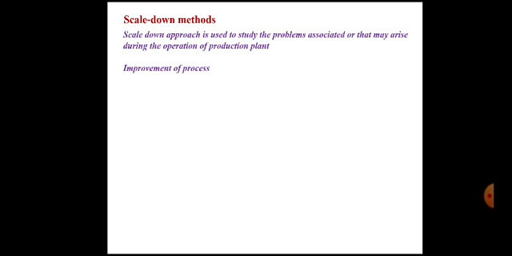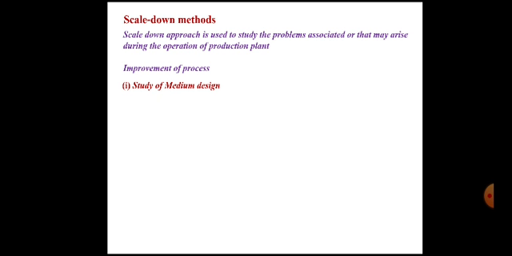So the scale down methods. The scale down approach is used to study the problems associated or that may arise during operation of the production plant. So why is scale down required? Scale down is required for the improvement of process.